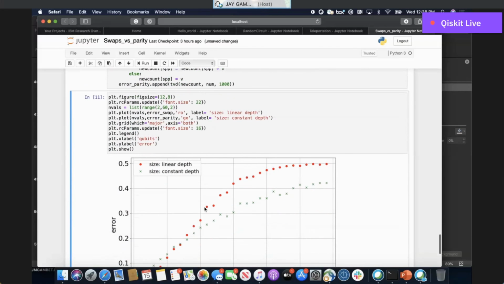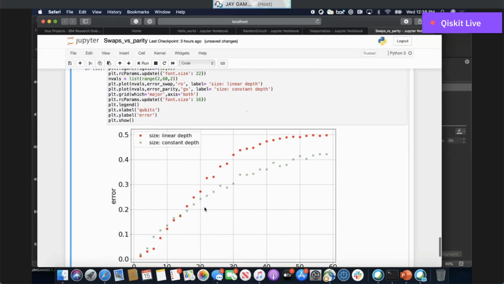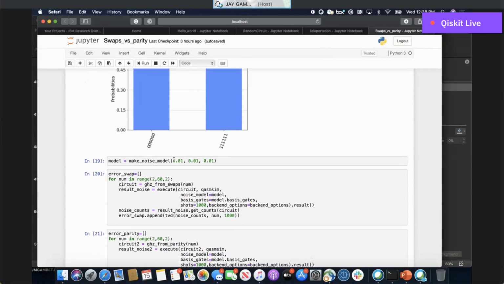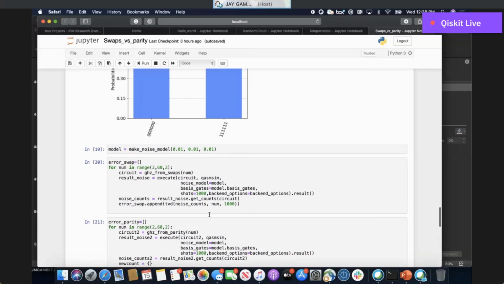And now you can do something really interesting, and you can look at what happens as I put on noise. So here I've imagined that I would apply noise to the idle qubits, the 2-qubit gate, and the measurement of about 1% on each of them.